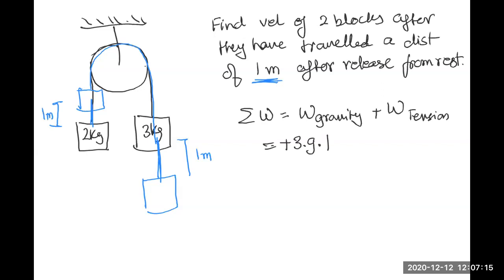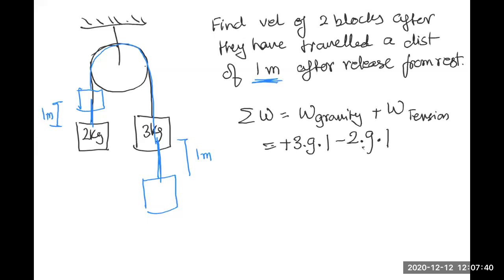3g1. प्लस क्यों लिखा है? ये प्लस क्यों लिखा है? क्योंकि ये 3 किलोग्राम वाला ब्लॉक नीचे गया. प्लस mgh. This is the work done by gravity on the first block. Okay, minus 2g1.